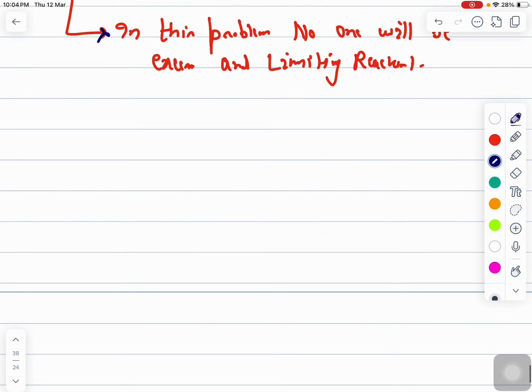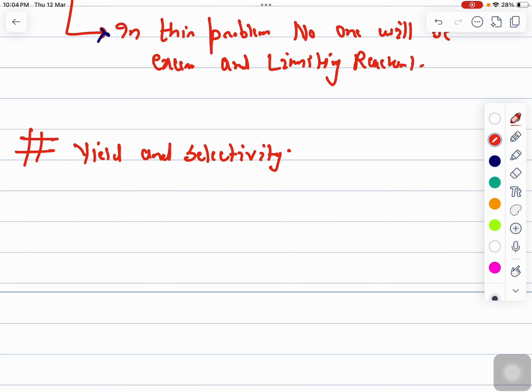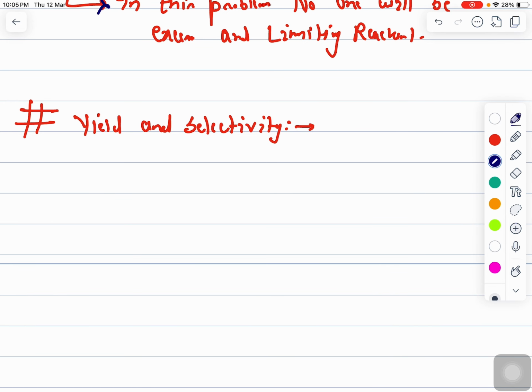Now coming to the next part, that is yield and selectivity. When we define percent yield, that can very frequently be asked in the GATE and BARC exams. They basically ask these kinds of questions.